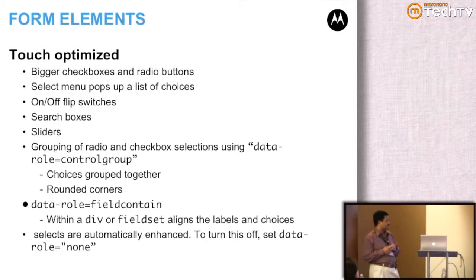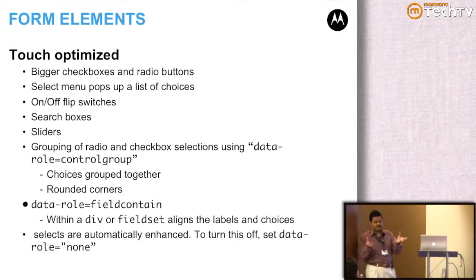I will show you examples of those, so that you can easily pick your choice. Then there is support for on and off switches, search boxes, sliders, that is again mobile device specific, and then you can group all of your radio buttons or check boxes, so that it is very clear to the user that they all belong to the same category.